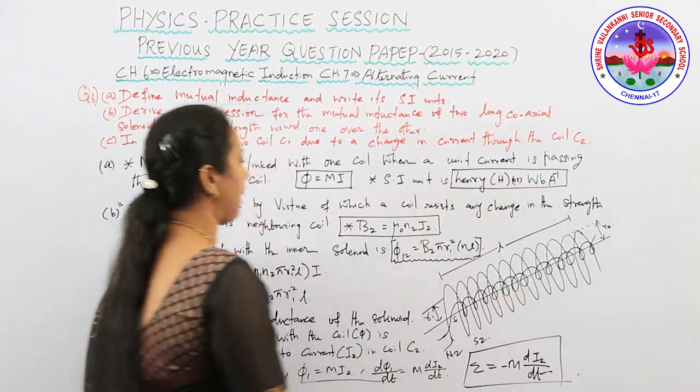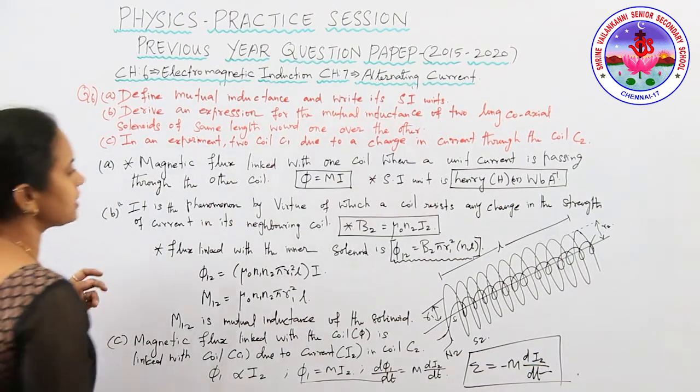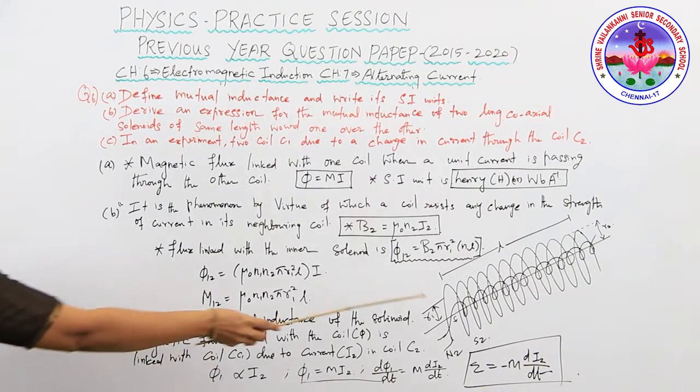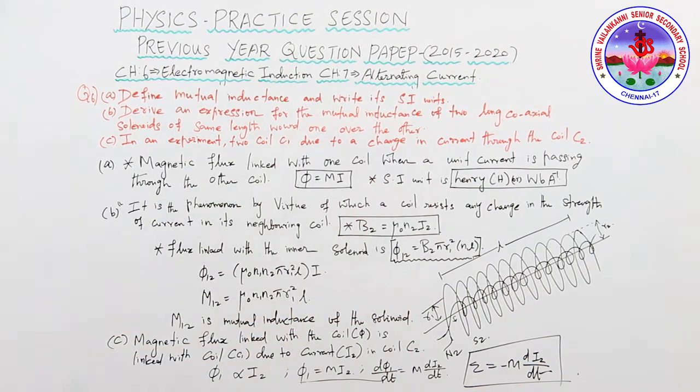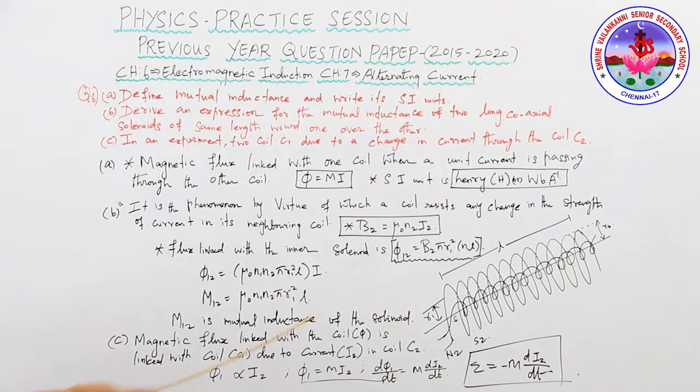The second subdivision: this is the phenomenon, that means we can say the mutual inductance between the 2 long coaxial solenoids which you are seeing in the diagram on the screen. The diagram shows the magnetic flux linked to the second coil when unit current is flowing through the first coil, right?